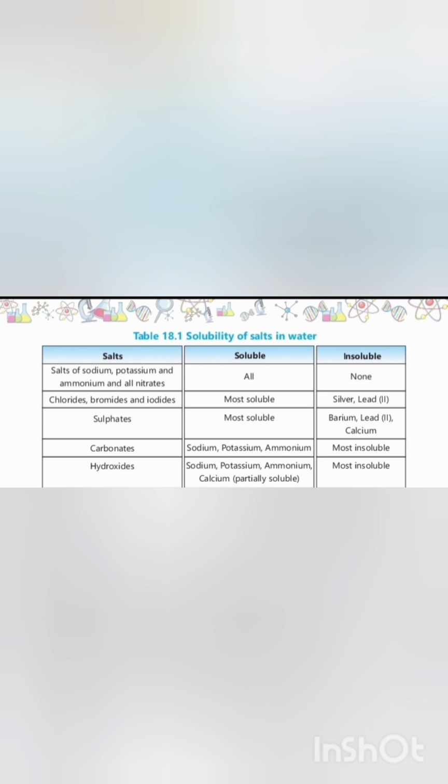It's a very brief table to understand the concepts of salts and their solubility in water completely.